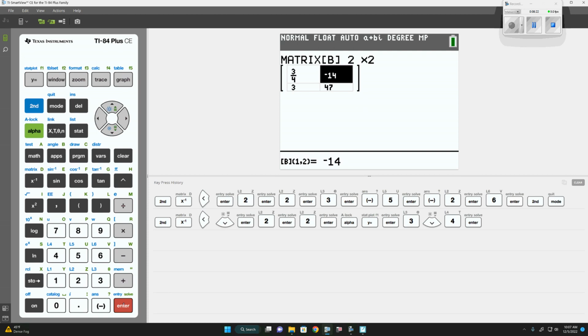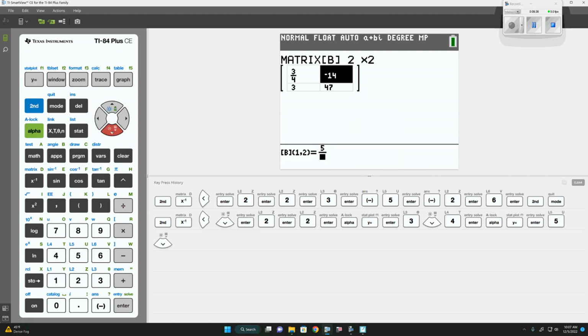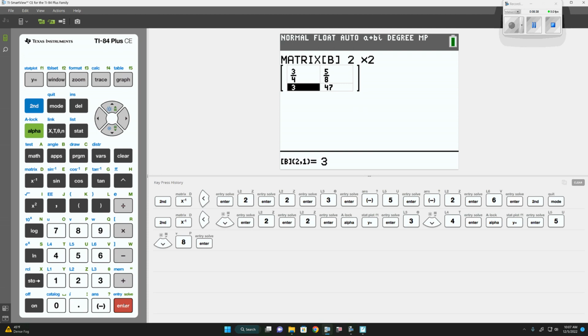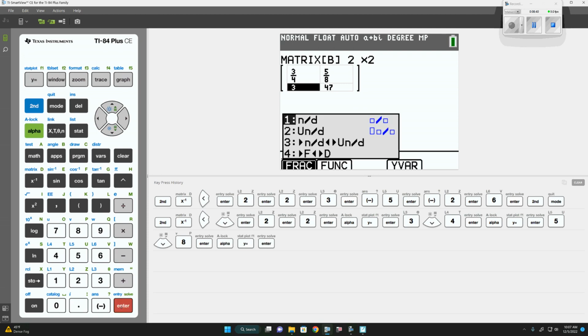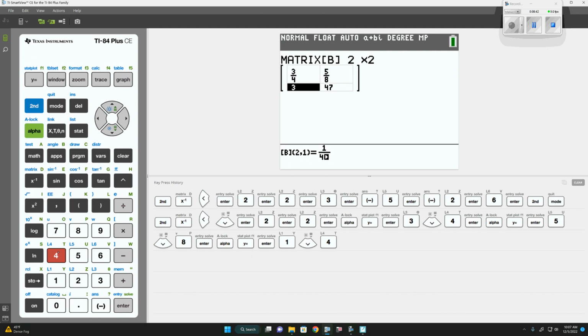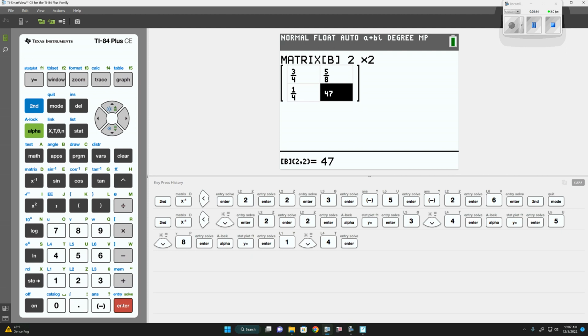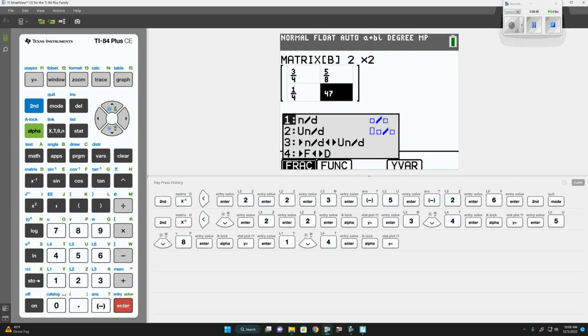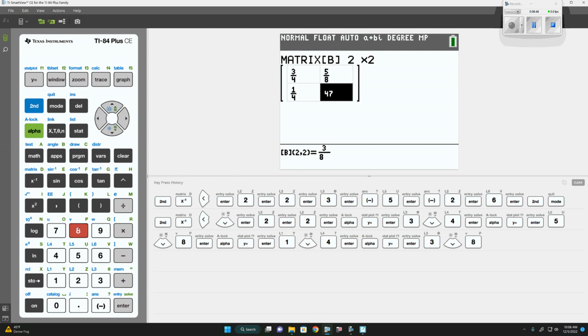I don't know if it left it as a fraction or turned it into 0.75 on your screen, because on some it switches between the two. For the next one, alpha y equals enter 5 over 8. And the next one, alpha y equals enter 1/4. And lastly, alpha y equals enter 3 over 8.